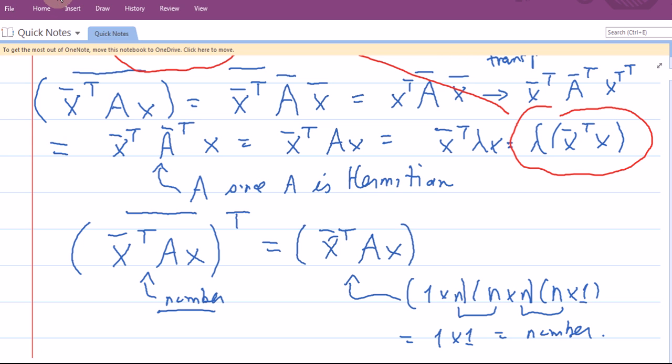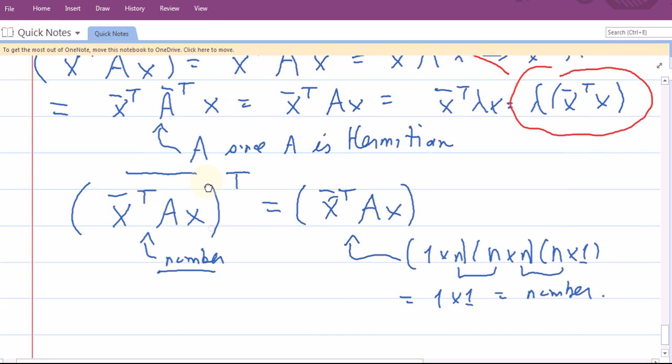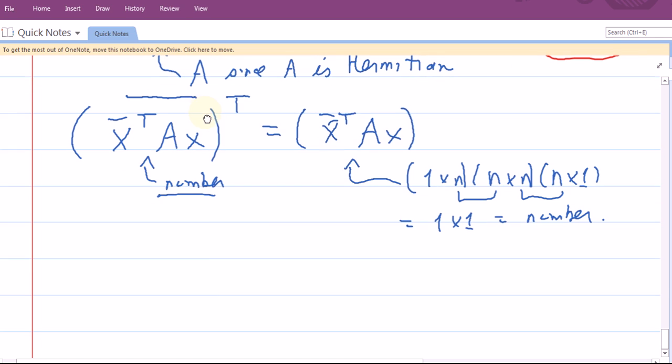All right? So the conclusion here is that x conjugate transpose Ax is equal to its conjugate transpose.